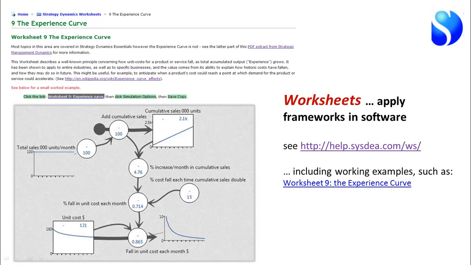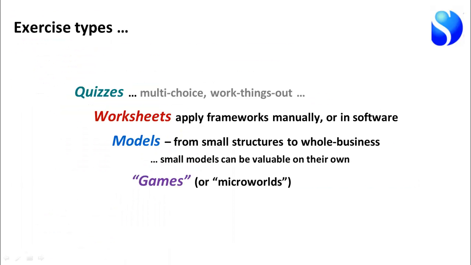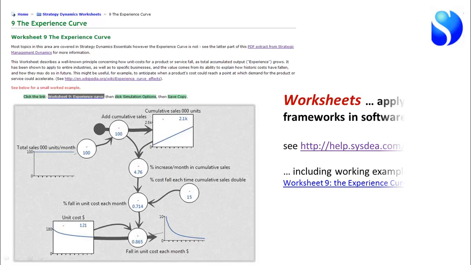So let me just start then by going back to these worksheets that I've talked about. Every class in the course is supported by one or more of these worksheets. And if you go to help.sistea.com, you'll find the worksheets all listed there.